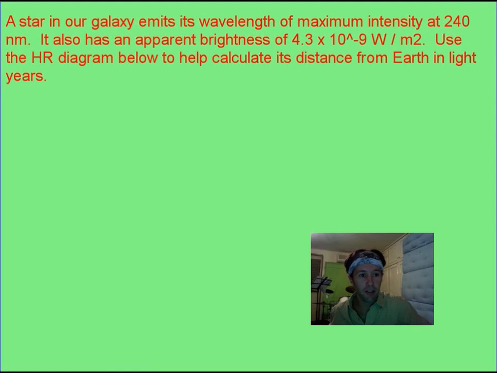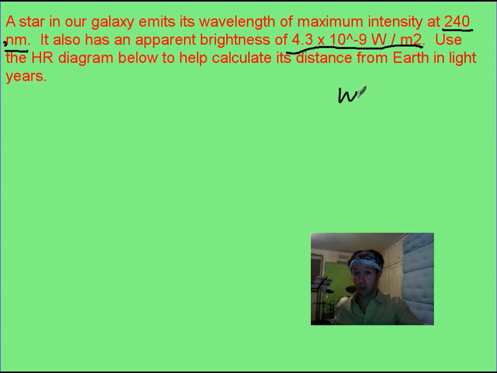Spectroscopic parallax is a pretty powerful method for determining distances because you can take your spectroscope and look at just about any star in our galaxy and look at its wavelength of maximum intensity. You can also look at its apparent brightness, and you can calculate some stuff.